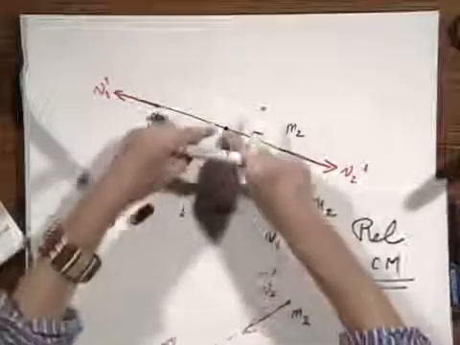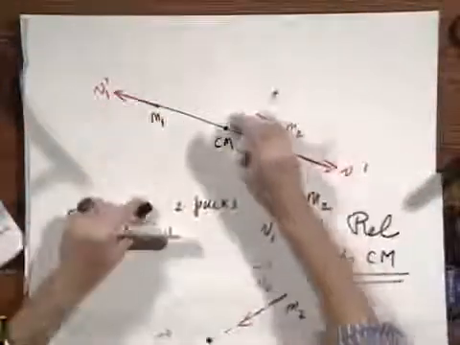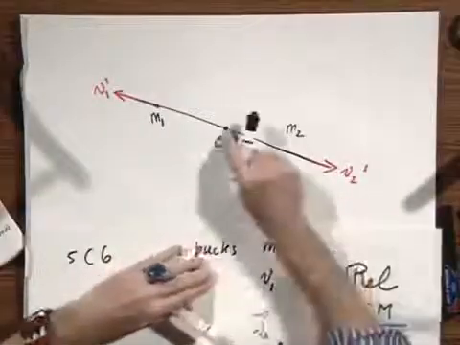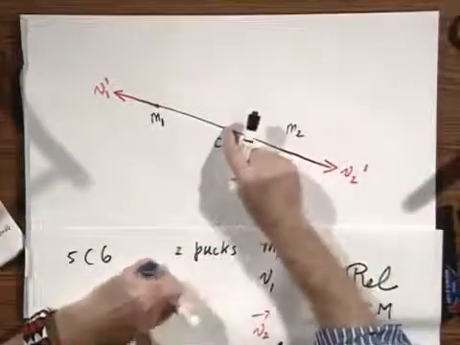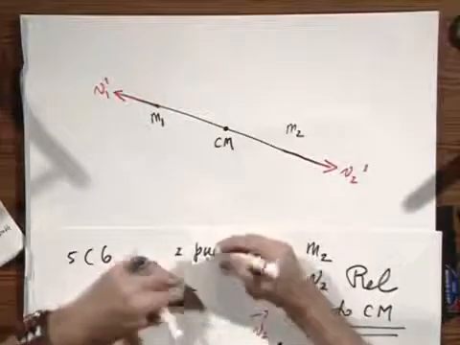As I said, they must either go away from the center of mass, or they must go to the center of mass, or they must be stuck at the center of mass. There's no other possibility, because the momentum relative to the center of mass frame of reference is always zero.